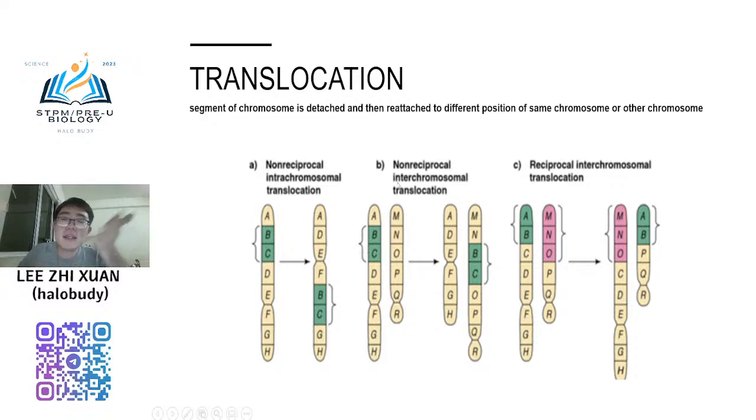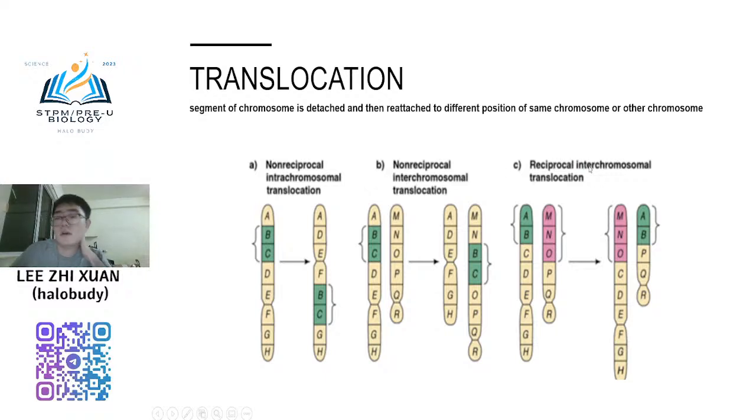The non-reciprocal one just gives. For example, I give you money. The reciprocal one is not a gift, it is like a loan: I lend to you, then you bring it back to me. It is an exchange of material. And this other one does not involve exchange. So these are the differences between these three. Please remember: non-reciprocal intra, non-reciprocal inter, and reciprocal.